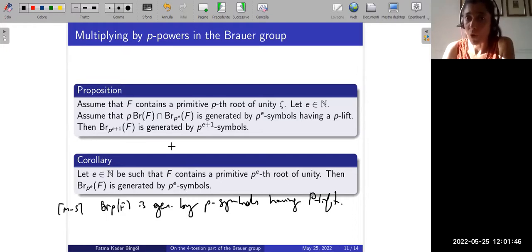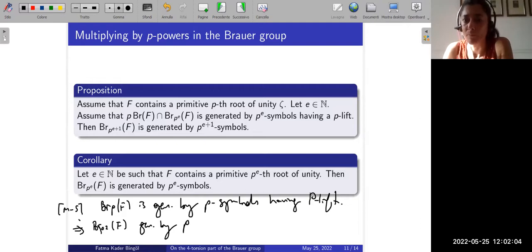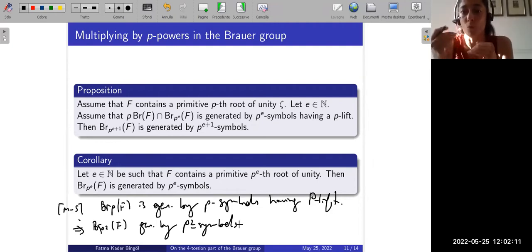The hypothesis of the proposition above is satisfied, and this tells you that the p square torsion part of the Brauer group is generated by p square symbols. Okay, now you can repeat this argument e minus 1 times, because we have a p to the power e-th root of unity present, to deduce the statement.